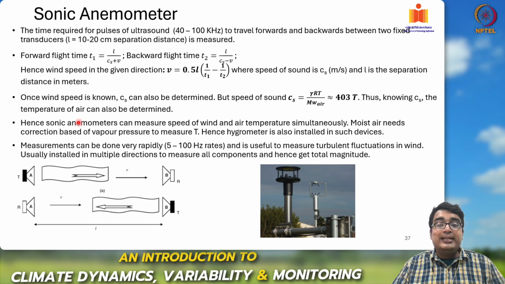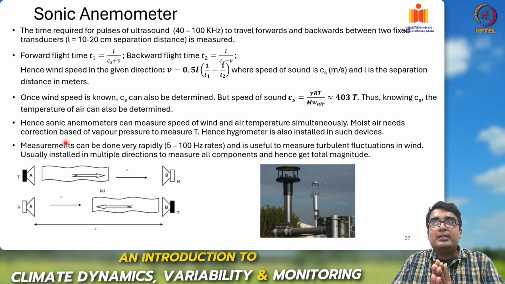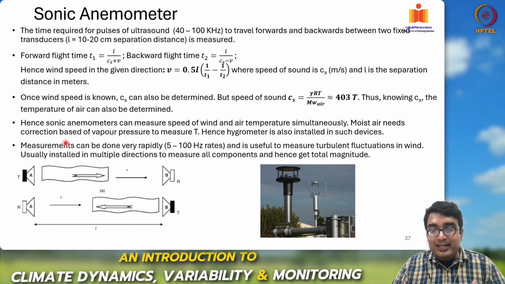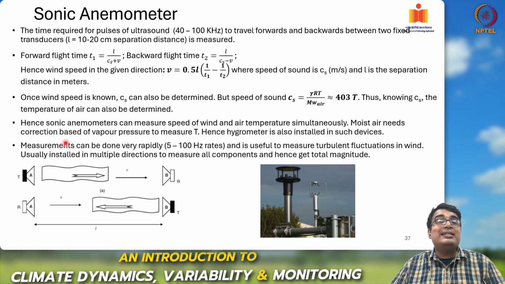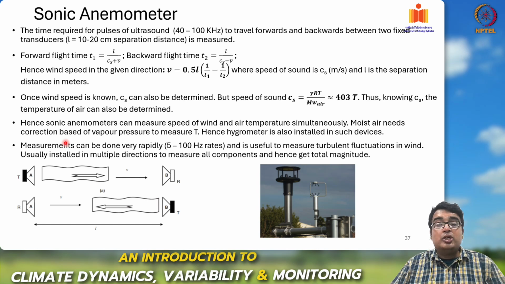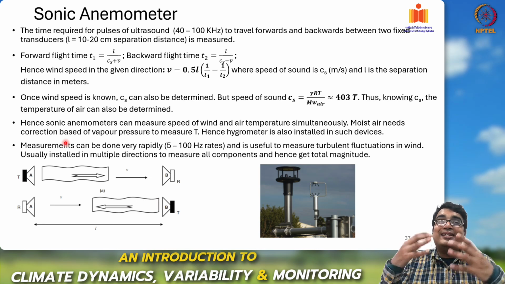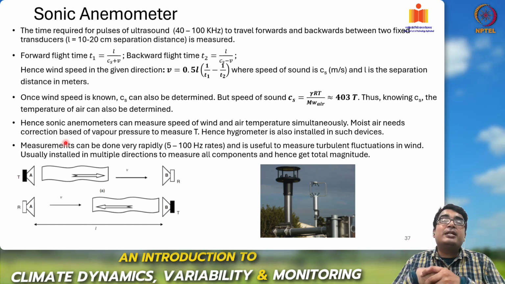It is important to note that moist air needs a correction, because the speed of sound is not the same for dry air and moist air. Hence a hygrometer is also installed in such devices to have a moisture correction for moist air. Another advantage is that measurements can be done very rapidly, at 5 to 100 Hertz rates, and hence it is useful to measure turbulent fluctuations in wind. So you can also get the turbulence that is present in the wind.